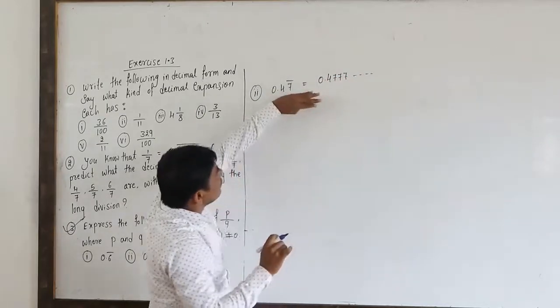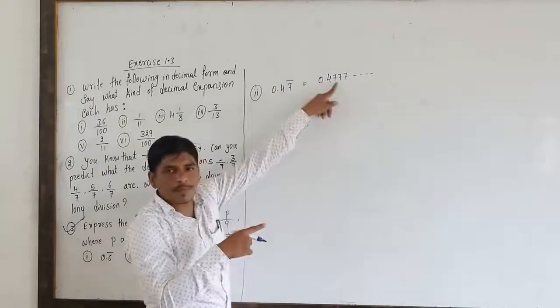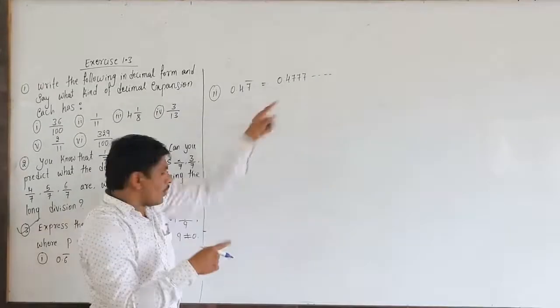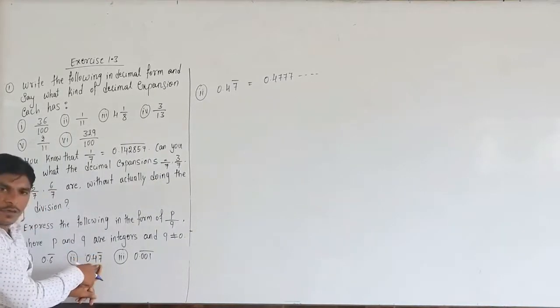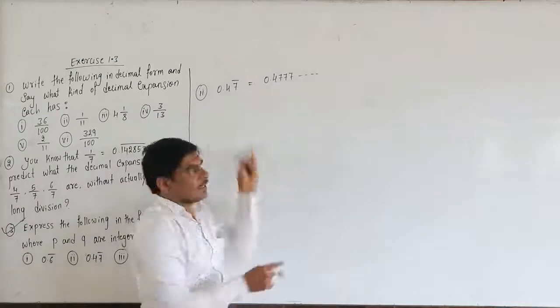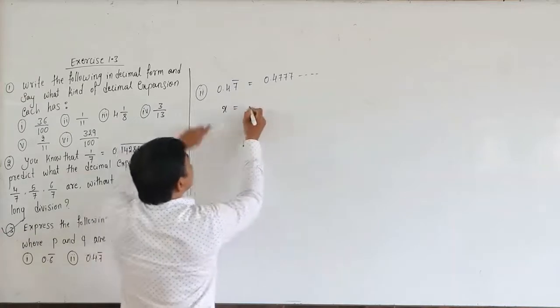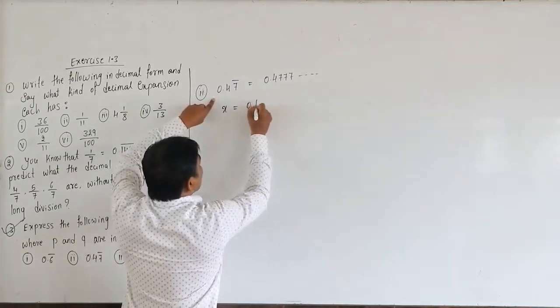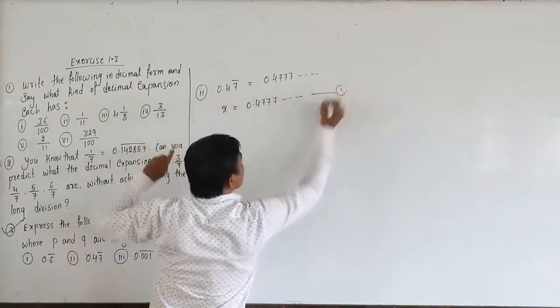Only one digit is repeated, 7. That's why first you consider x is equal to 0.4777 and so on. This is equation number 1.